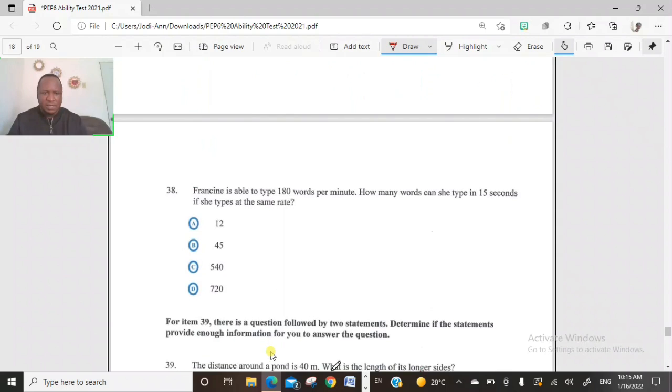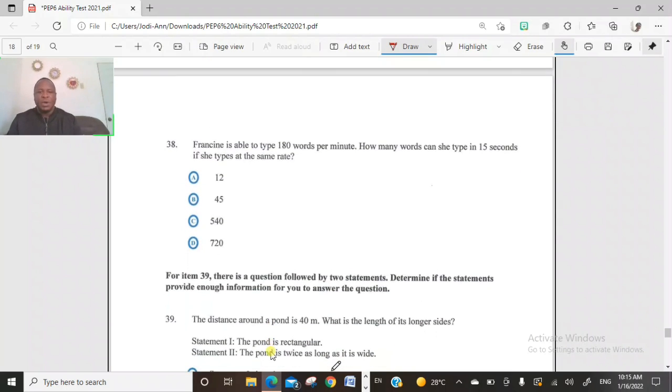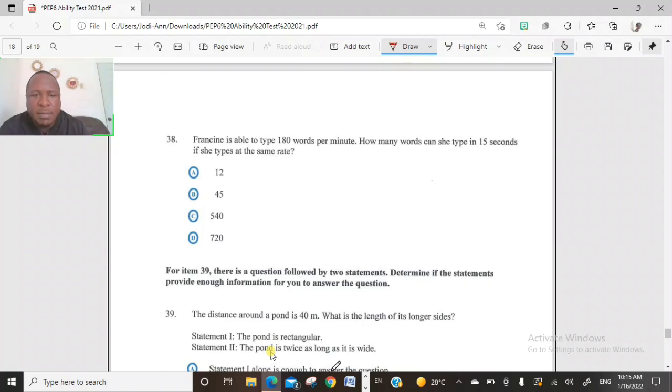Good. So question 38, we're almost to the end of the paper. Francine is able to type 180 words per minute. How many words can she type in 15 seconds if she types at the same rate?